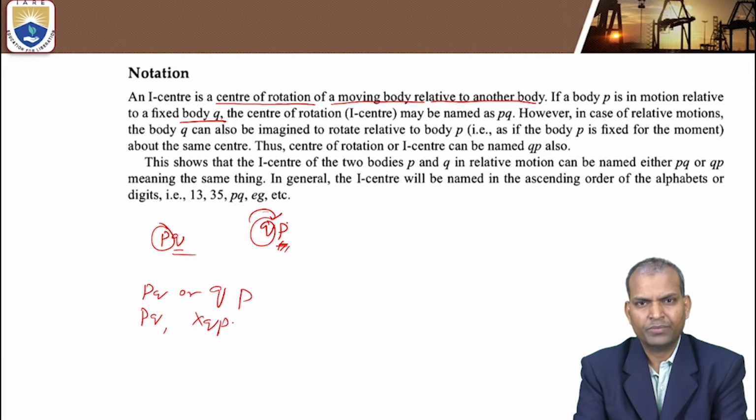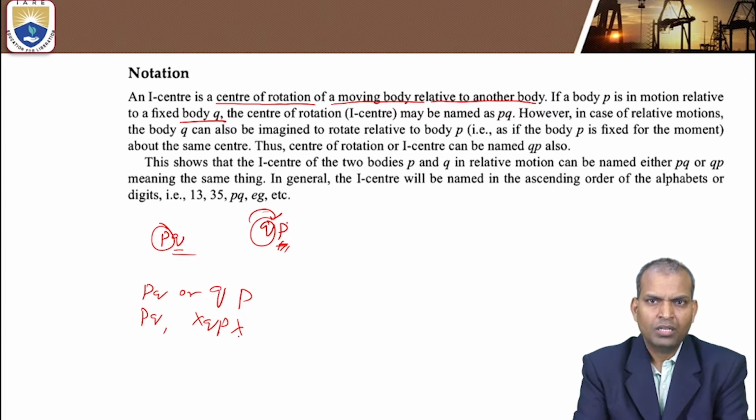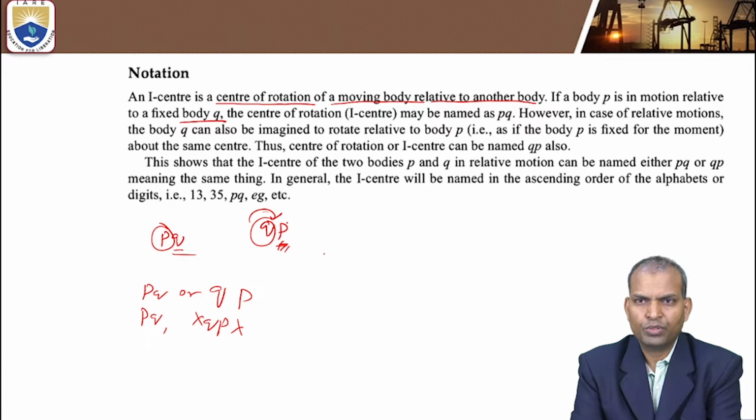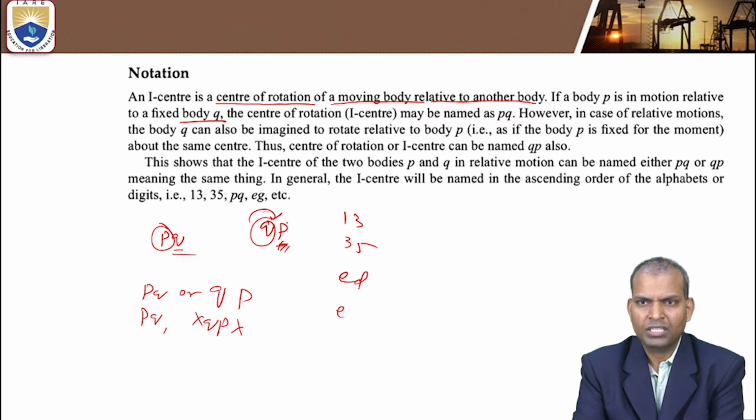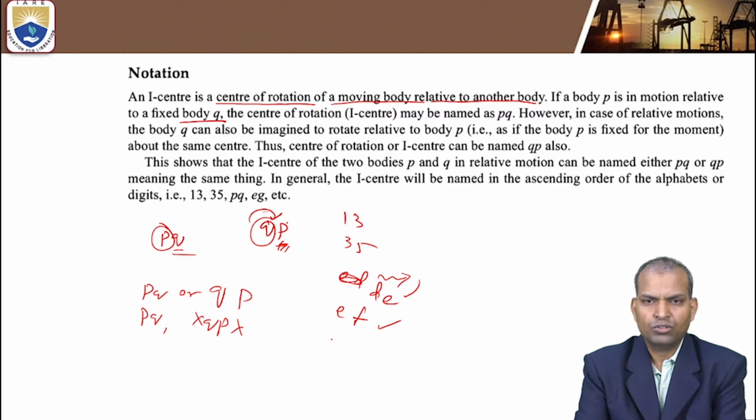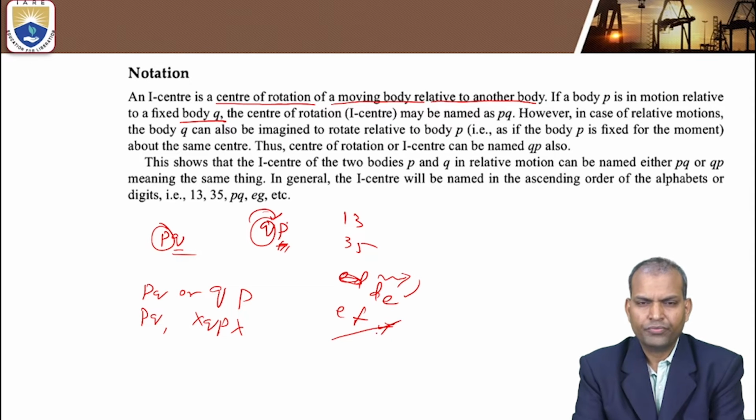We follow ascending order, like 1, 2, 3, 5, or A, B, C, D, DE, EF. In that ascending order we follow the notations of I centers.